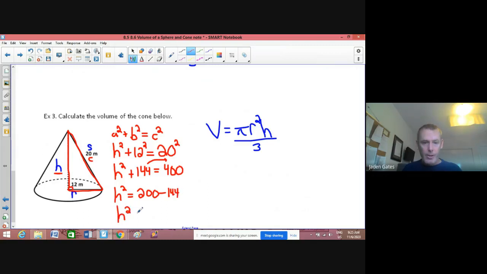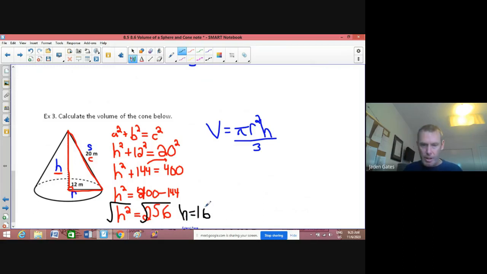Fix that, 400, not 200. 400 minus 144 is 256. Okay, now again, last step to get rid of that little 2, the exponent. We got to take the square root of both sides. If I take the square root of 256, I get 16.